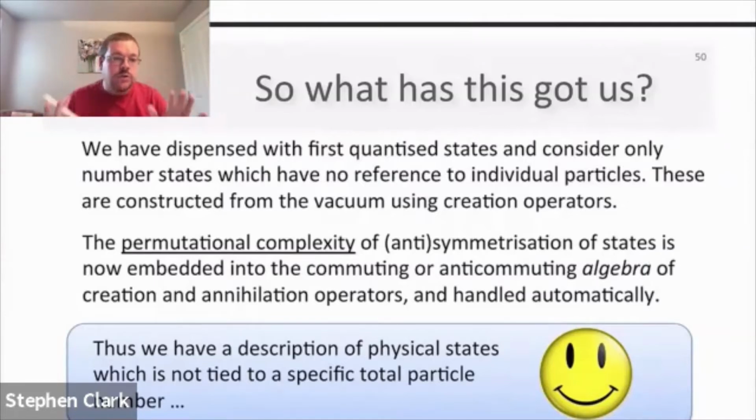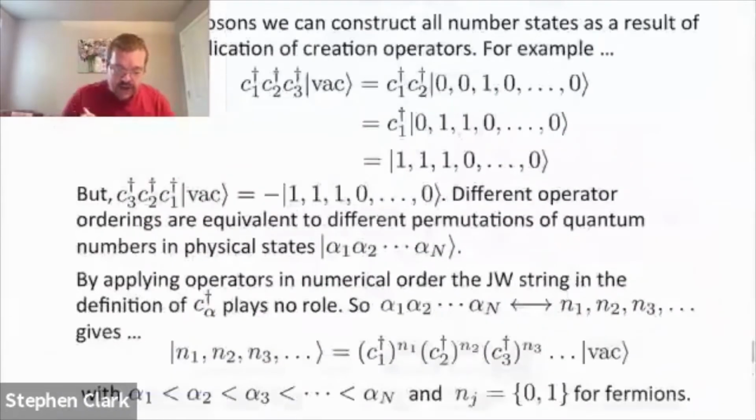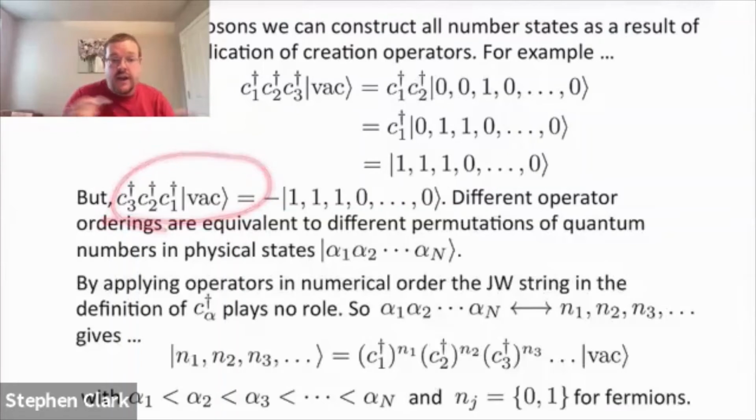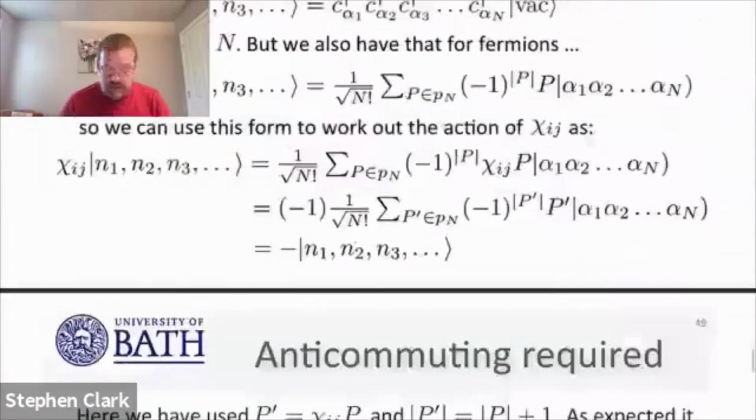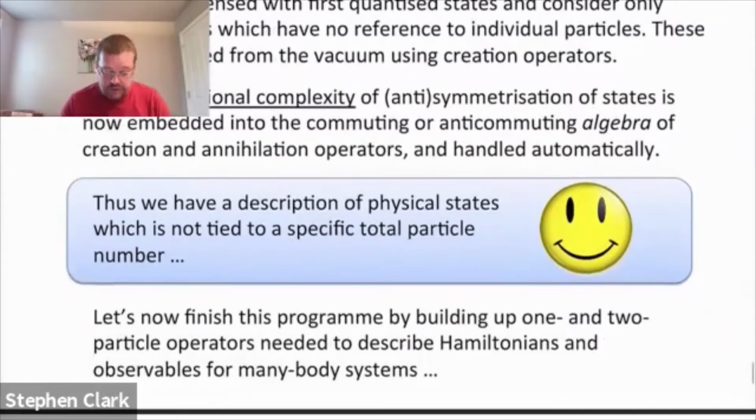And it's all handled automatically. Like I just did up here, when I did it here, everything was handled automatically. I have a different permutation of particles, I get the minus sign for free because the operators anti-commute with each other. I didn't need to work anything out. It was intrinsic in the formalism. And I've got a description that's not tied to the total number of particles.